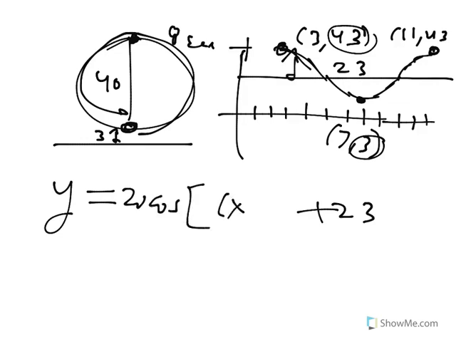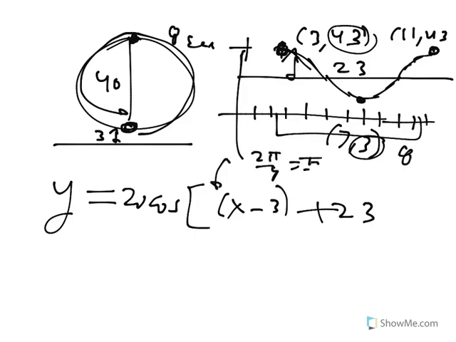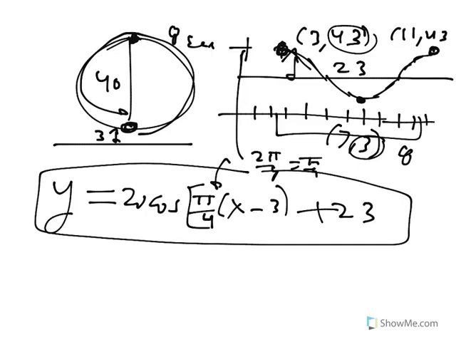The starting point is at 3, so it's x minus 3, 3 to the right. And because the period is 8, the b value is 2 pi over 8, which is pi over 4. And this is the equation that tells us the height. Y is the height, and x is the time at any time.